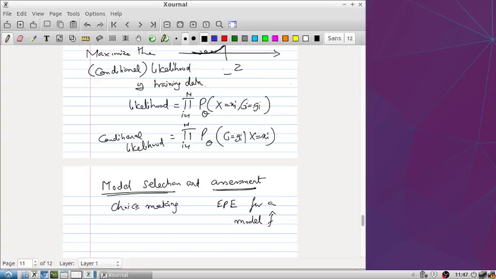Once you make a choice, you are essentially selecting a model class or a set of models which you're willing to consider. If you make a choice to pick logistic regression models, then that's a choice across model families.